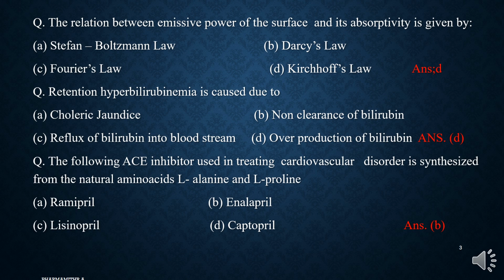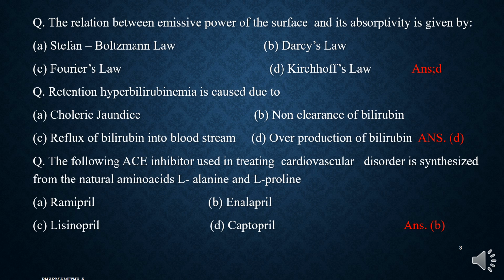Whereas option A, the Stefan-Boltzmann law depends upon the temperature, that is W is equal to epsilon sigma T raised to 4, where sigma is the Stefan constant. Whereas the Darcy law is related to the permeability. That is, if a horizontal flow passes through a porous material, what is the change in permeability?